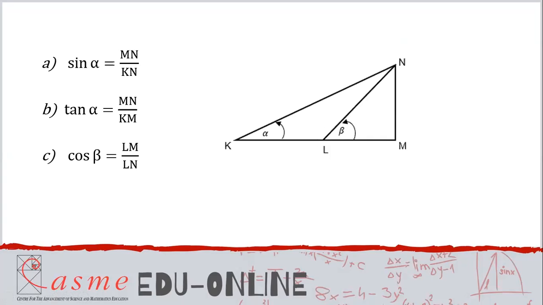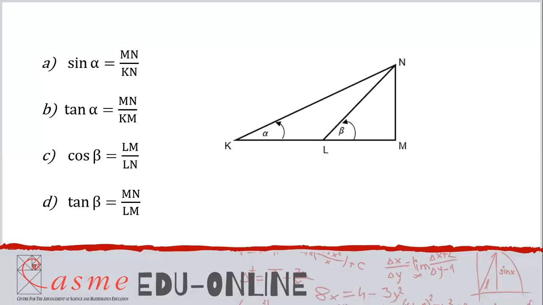Now cos beta. For the angle beta, we are going to use the triangle NLM. As you can see, the adjacent side here is LM. And what is the hypotenuse? The hypotenuse is LN. So to find cosine of beta, we use the adjacent side over the hypotenuse, which is LN.